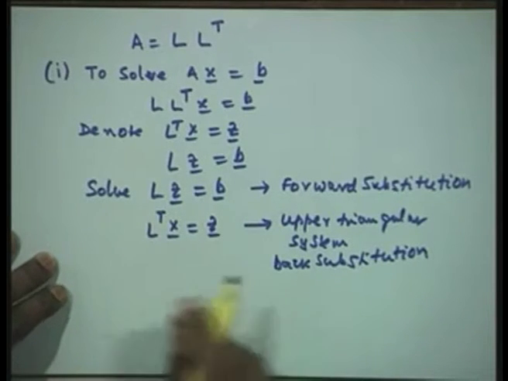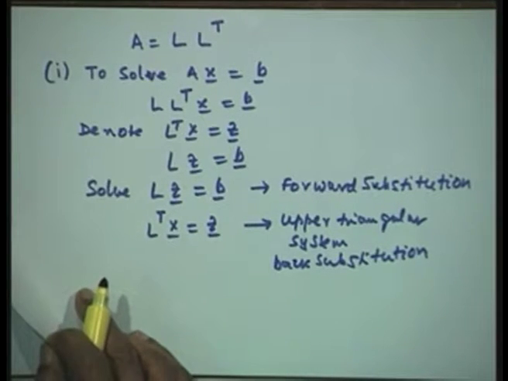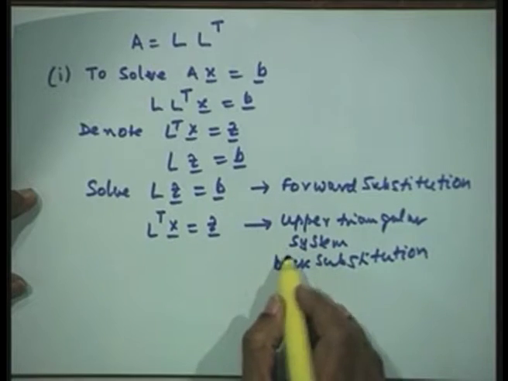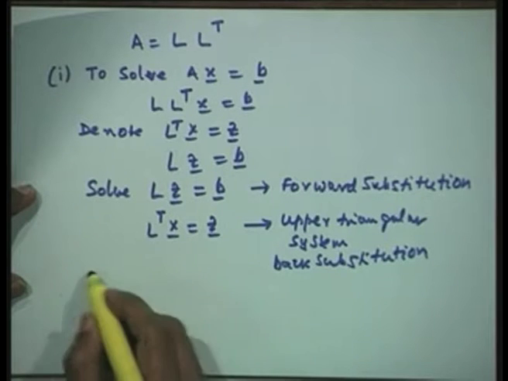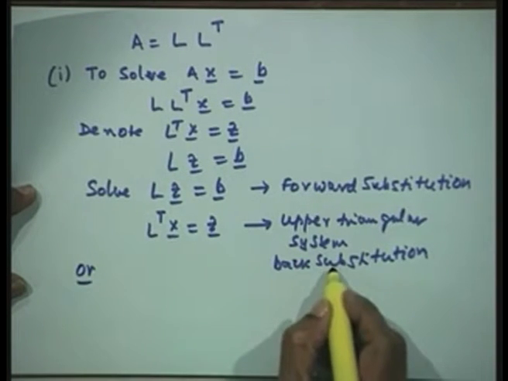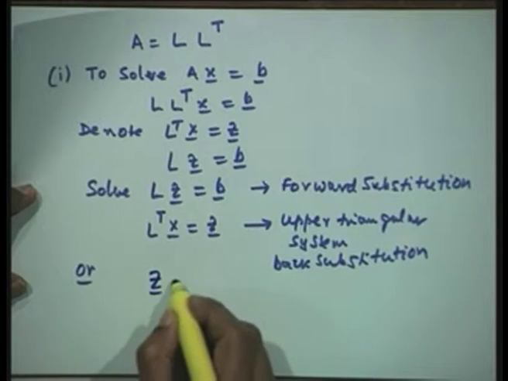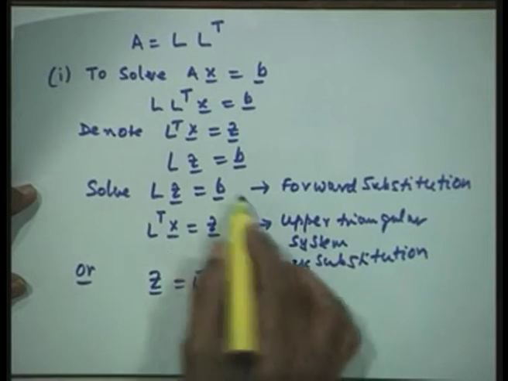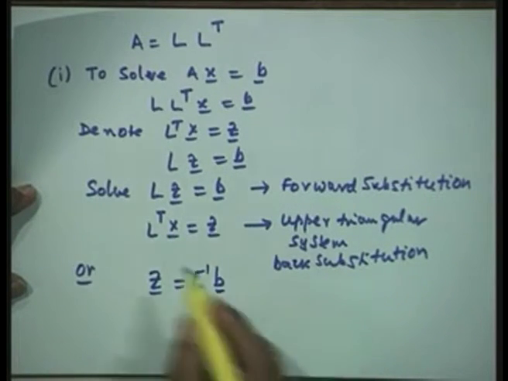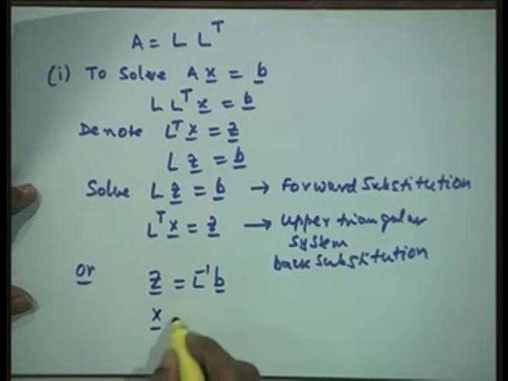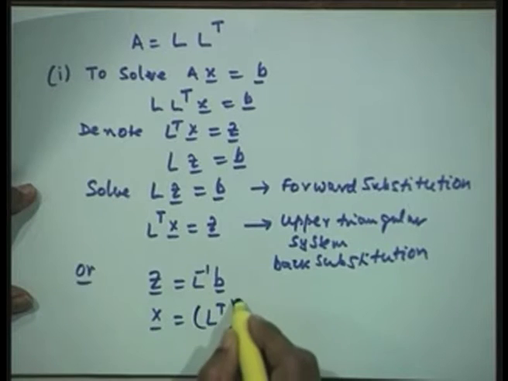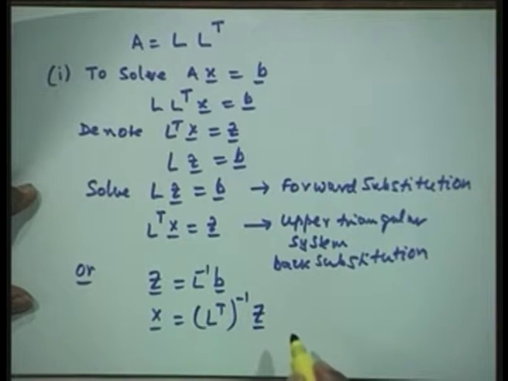Now, as we have shown, we can solve here also by one forward substitution and one back substitution, but the advantage will be not to use this, but to use a slightly different procedure. Let us write down the first one, taking L inverse: Z is equal to L inverse of B, and the second system X is equal to L transpose inverse of Z. We know that transpose and inverse can be interchanged.